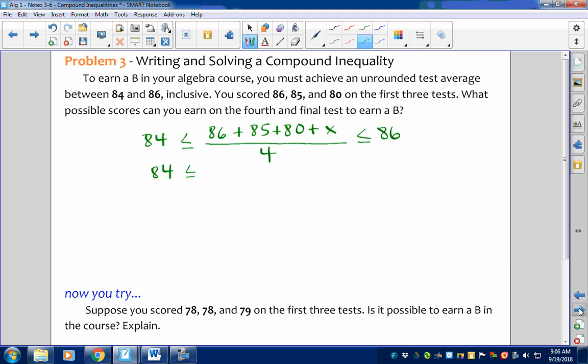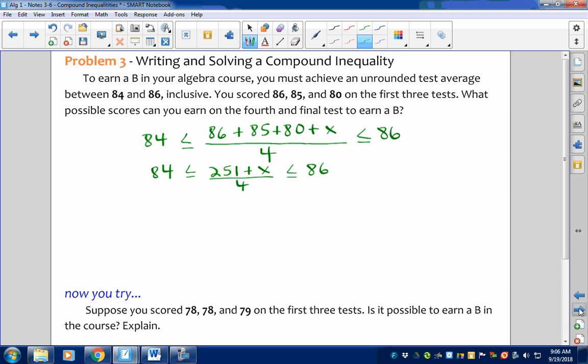I'm going to add these up. If I add these 3 up, it's 251 plus x all over 4, less than or equal to 86. So we're kind of simplifying this. We have 2 more steps we need to do to solve for x. Find out what x needs to be between, what 2 scores, to have an unrounded test average between 84 and 86.